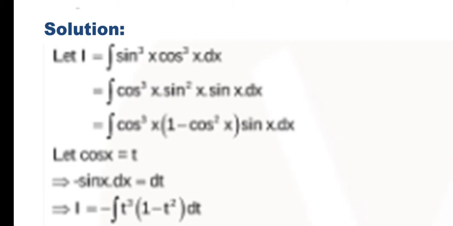So we have written cos cube x into sin square x into sin x dx. Now we changed sin square x as 1 minus cos square x, into sin x dx.